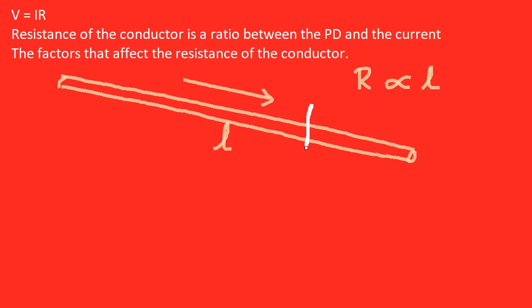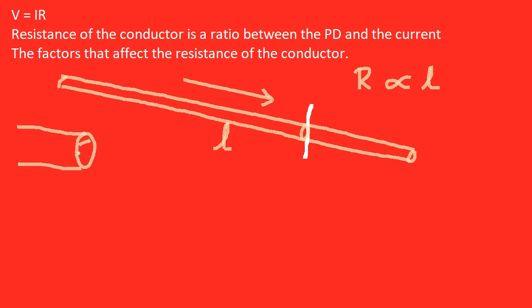Now suppose we cut the conductor from here. If we cut the conductor from here, we get the cross section of the conductor. The cross section of the conductor means if we look at the conductor from one end, it will look something like this when we cut it.